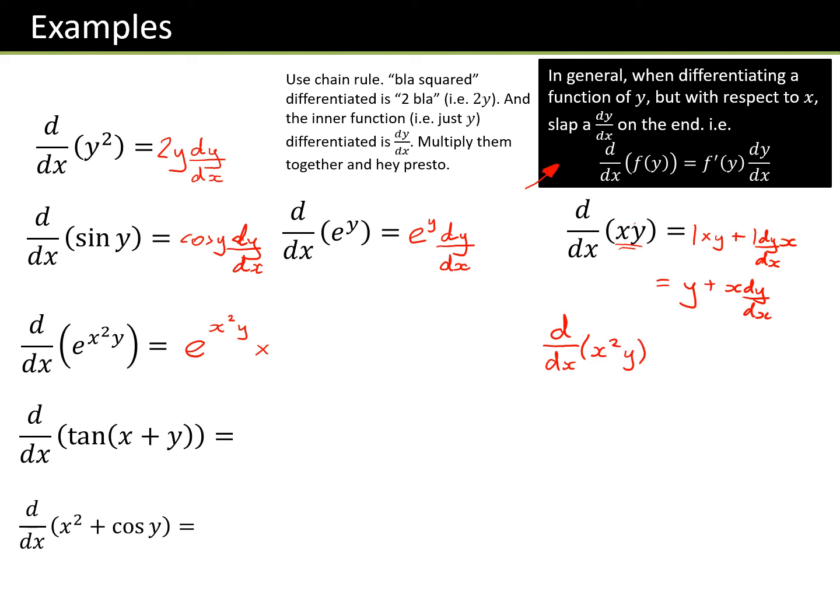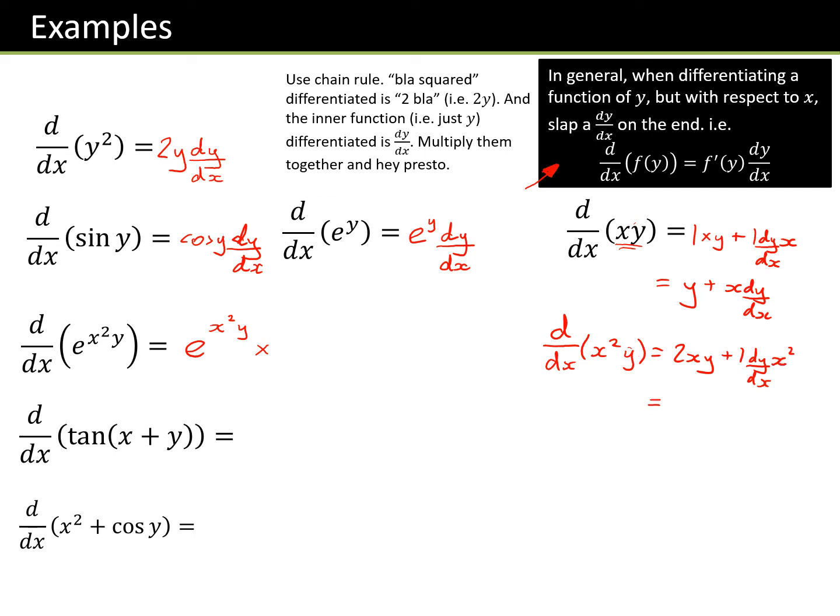Now, it's very similar to this xy, isn't it? It's a product rule. So differentiate x squared, you get 2x, multiply it by y. So differentiate the one, multiply it by the other, then differentiate the other one. Y differentiated would be 1, but because it's not the right letter, implicit differentiation, multiplied by dy by dx, and then multiply it by the undifferentiated other bit.